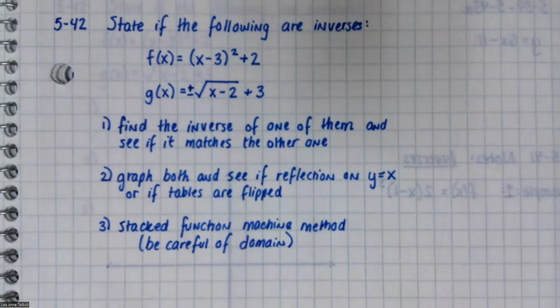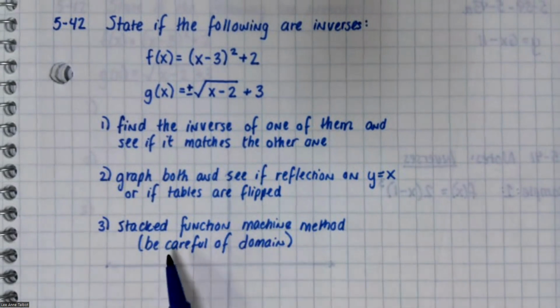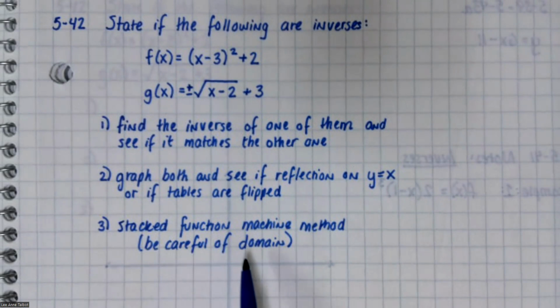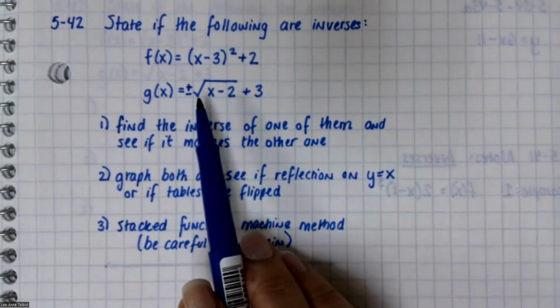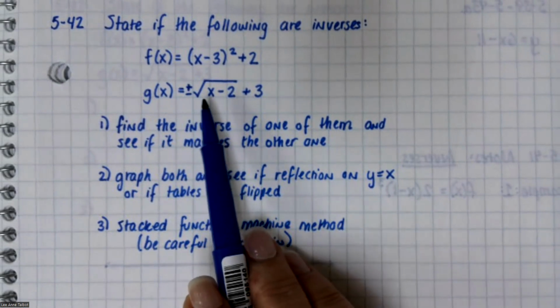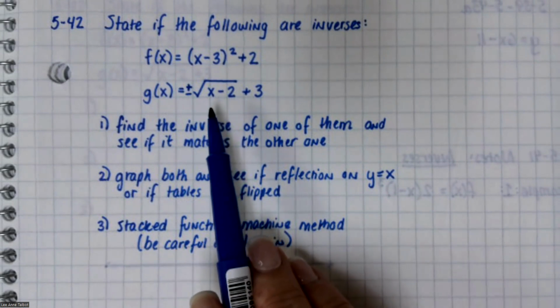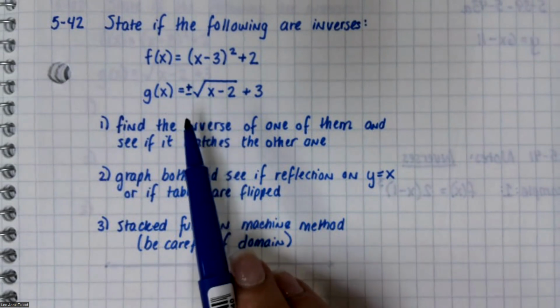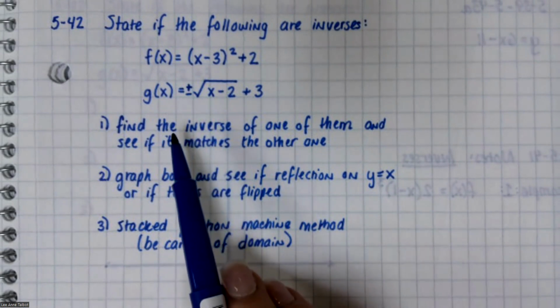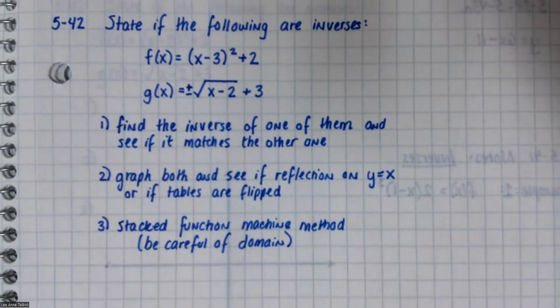We already did this once. We did it in problem number 1 days ago. And what I'm saying here, be careful of the domain. If you were going to start with plugging something into g of x, you've got to be careful that you're not going to get a negative under the root or divide by 0. So just keep that in mind. If you get something weird, just pick a different number. Okay.